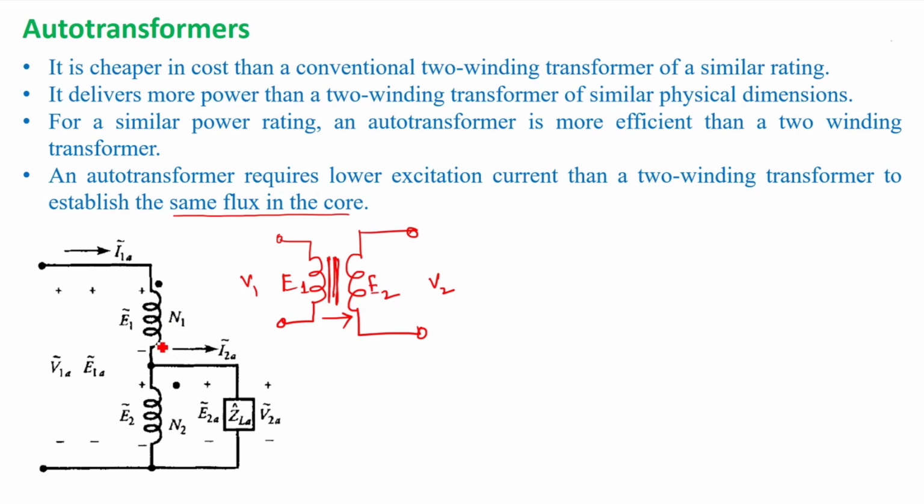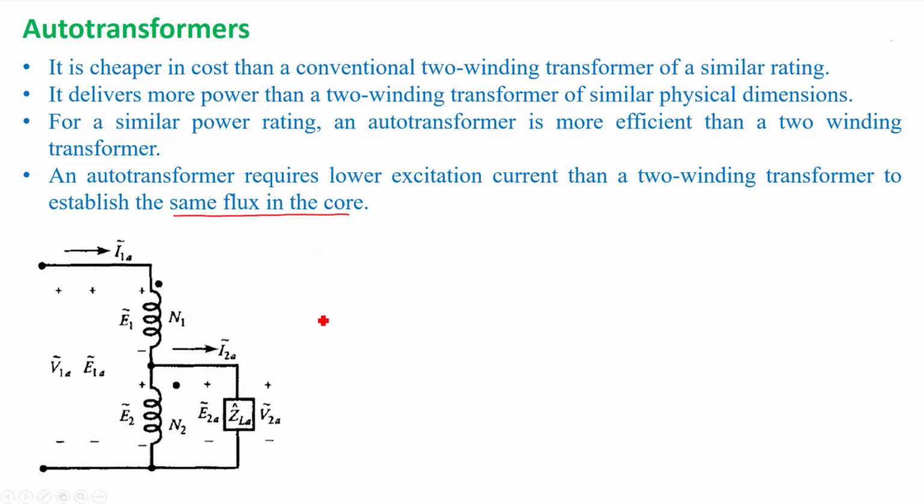That means through the conduction process and the induction process both. But in a two winding transformer, the only principle of operation is the induction principle, right?